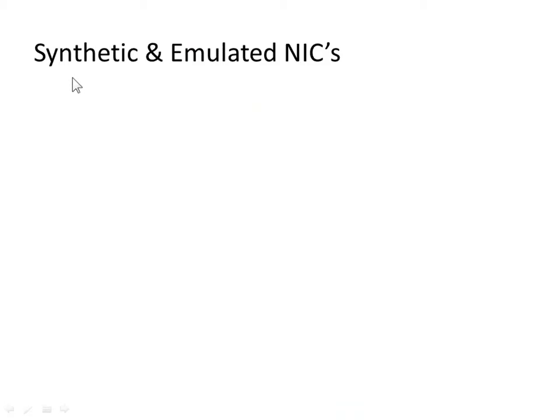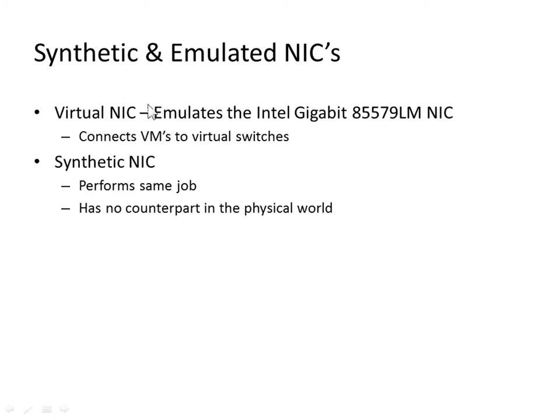What's the difference between synthetic and emulated network interface cards? Well, you already know that a virtual network interface card is a piece of software that connects virtual machines to virtual switches. An emulated network interface card emulates the Intel Gigabit 82579LM network interface card. A synthetic network interface card does the same job.